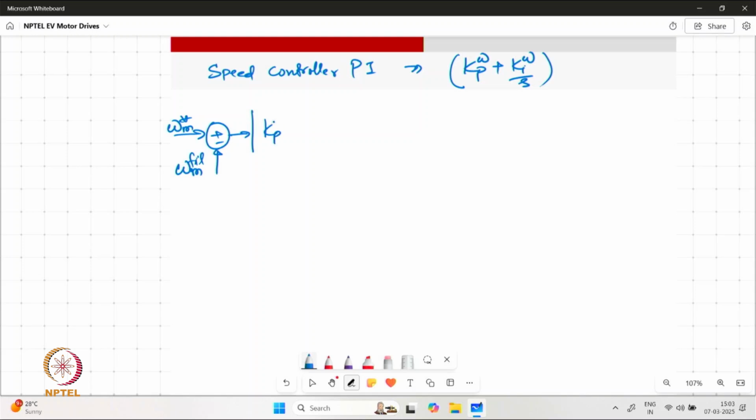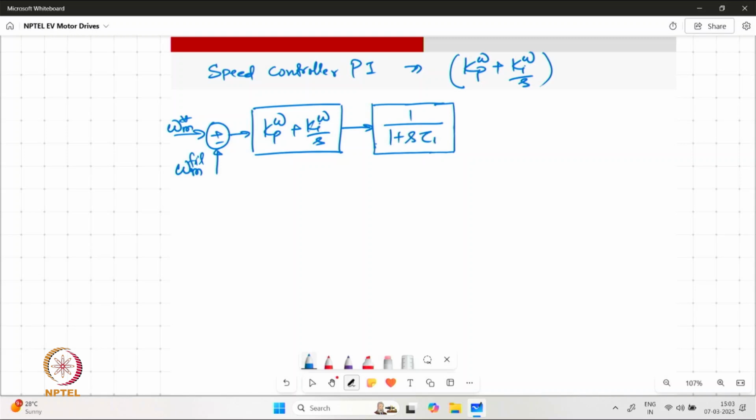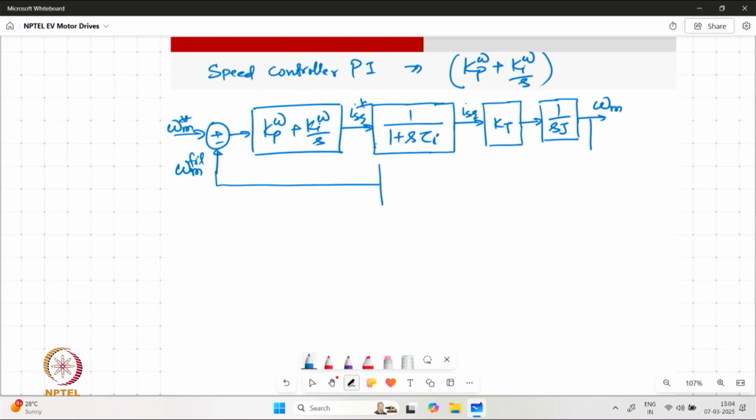This is being fed to the PI controller, and the output is basically the reference ISQ current, which is effectively passing through this first order block to generate the actual current ISQ, and this ISQ current is basically responsible for generating the torque, where after ignoring the disturbance tau L, we have the mechanical model and our mechanical speed is generated.